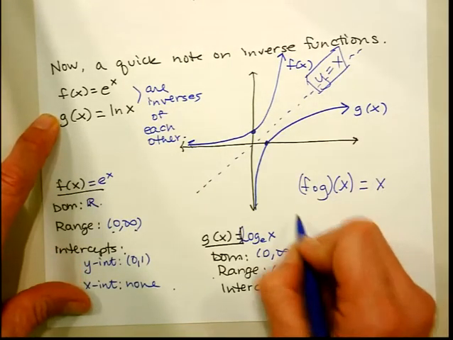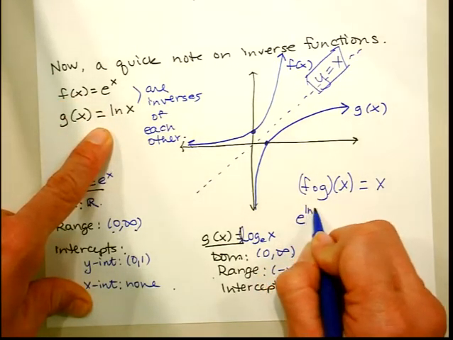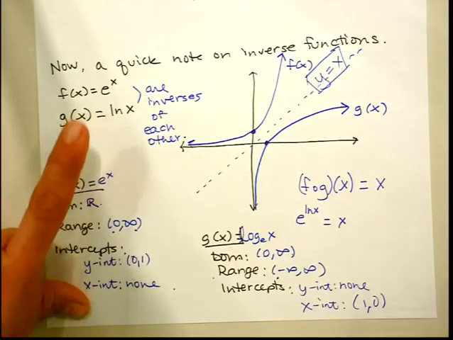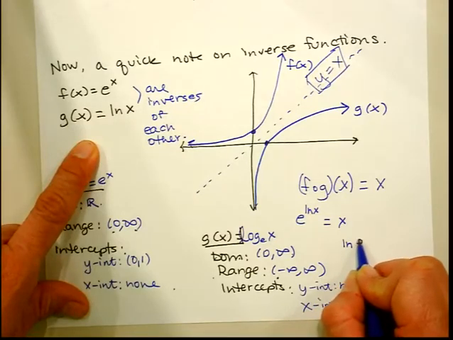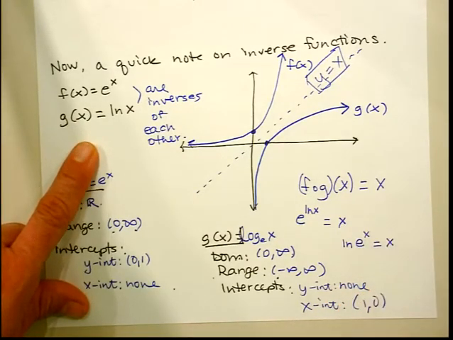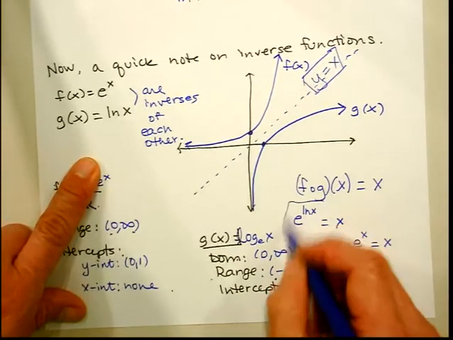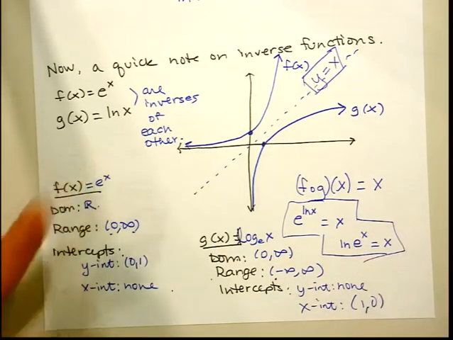So what that's going to look like for these two, e to the natural log x just equals x. Or the other way, natural log of e to the x just equals x. Okay, whichever way you do your composition. Okay, so more on that in 12.6 when we start solving equations.